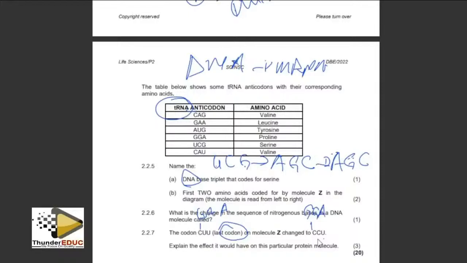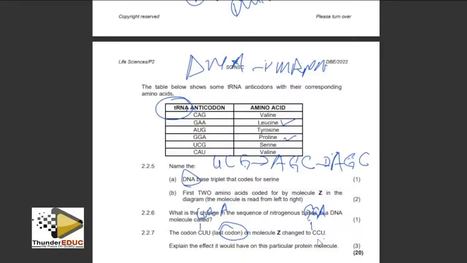GAA is going to be leucine, like the same example I gave. GGA is going to be proline. Now you're writing that this codes for leucine and this codes for proline. Those are 2 marks: leucine a mark, proline a mark.